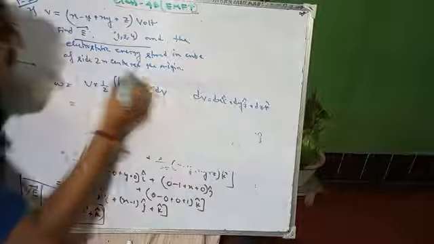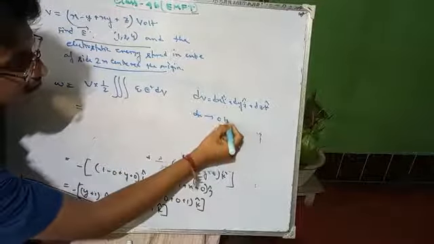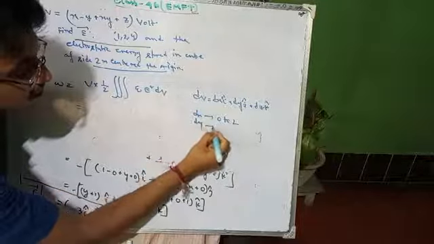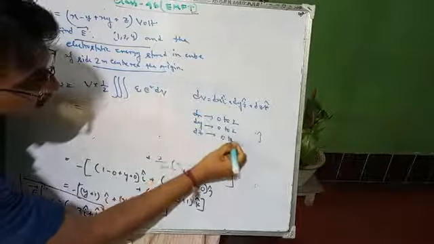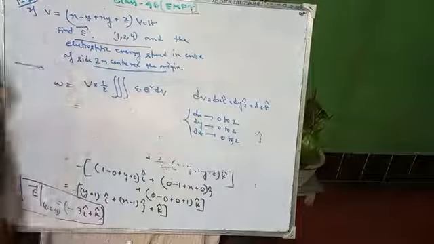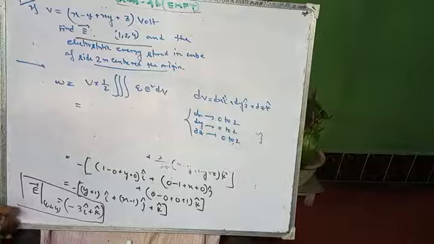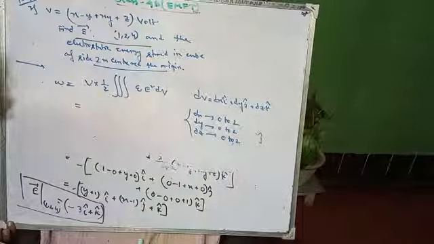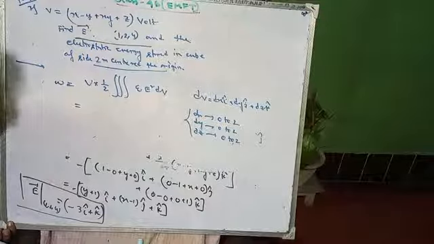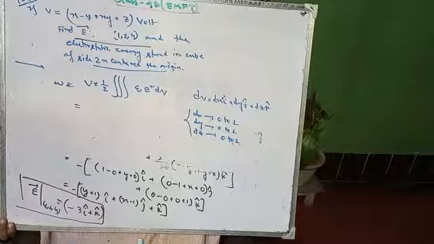As it is a cube with 2 meter sides, dx ranges between 0 to 2, dy also ranges between 0 to 2, and dz also ranges between 0 to 2. So dV can be separated into dx dy dz with the limits 0 to 2 for each.